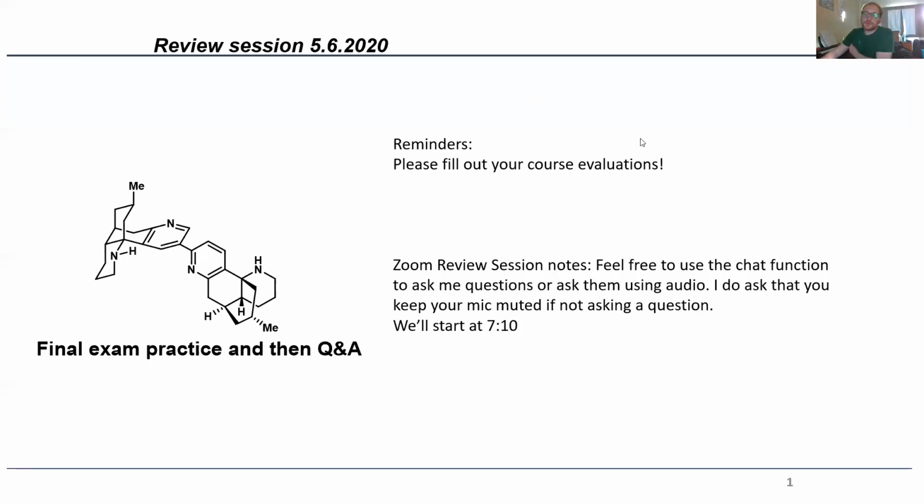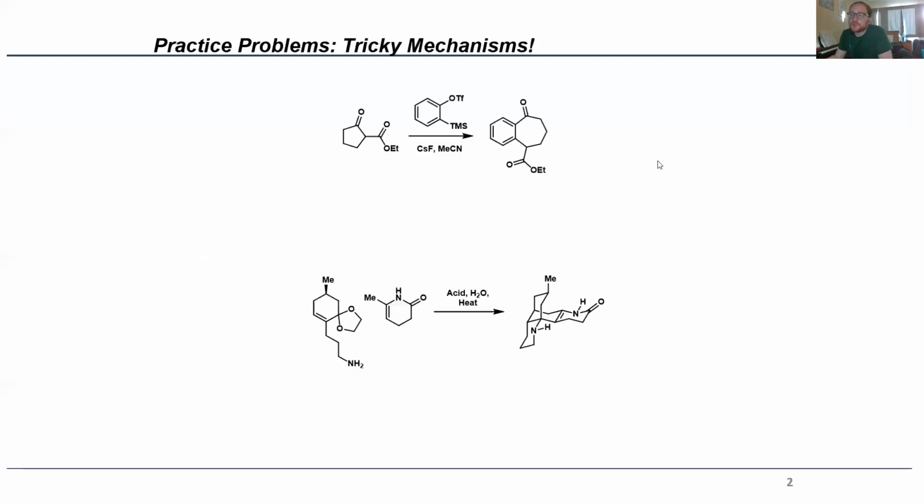So we're going to start with a series of relatively, I think, maybe tricky mechanism problems that cover some material in the range of exam one and exam two, so the steps in here should feel familiar from alkyl chemistry.